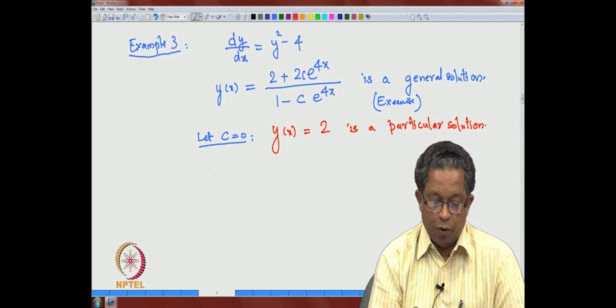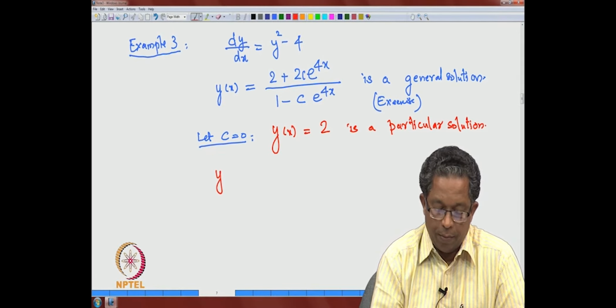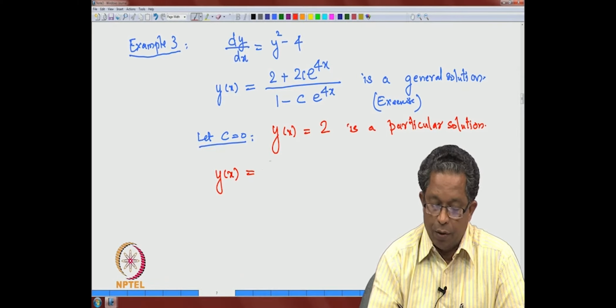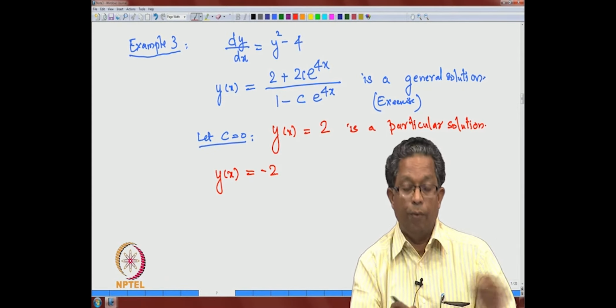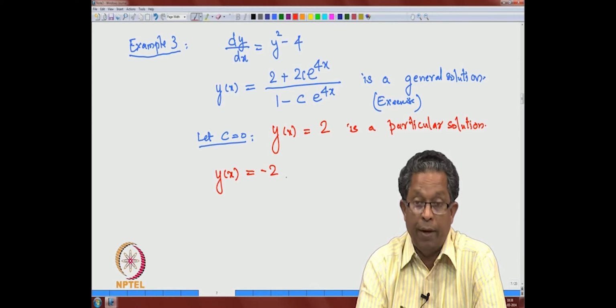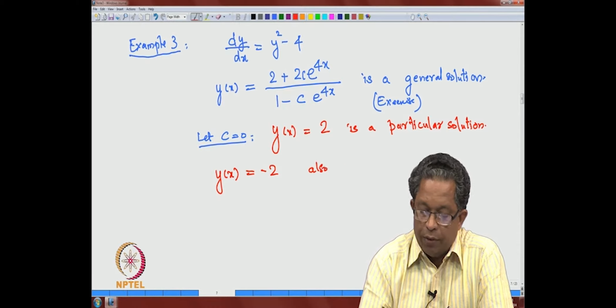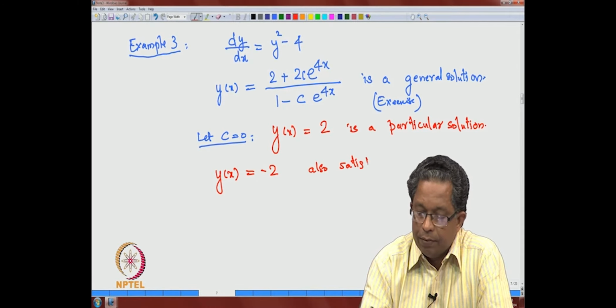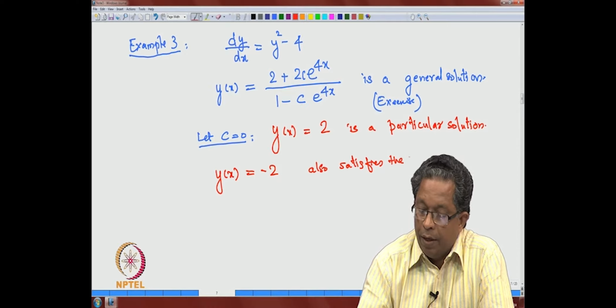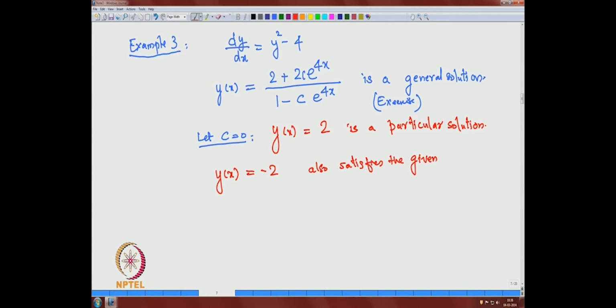Now this can also be shown that observe that y(x) is equal to minus 2. If you look at the constant function y(x) is equal to minus 2, it also satisfies the given differential equation. So y is equal to minus 2 is also a solution which cannot be obtained from the general solution.